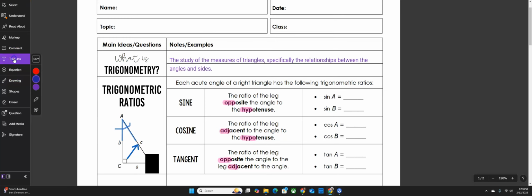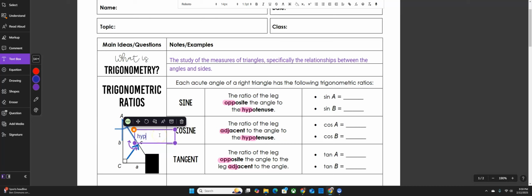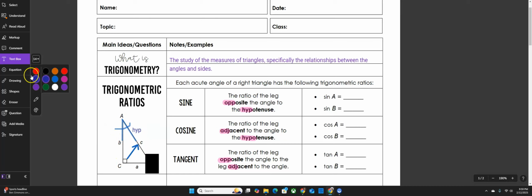So the first thing you should label each time is the hypotenuse. Just like when we were doing the Pythagorean theorem, I said, find your hypotenuse, label it C. Well, now we're going to do the same thing. You are going to find your hypotenuse and label it first. The hypotenuse never changes.